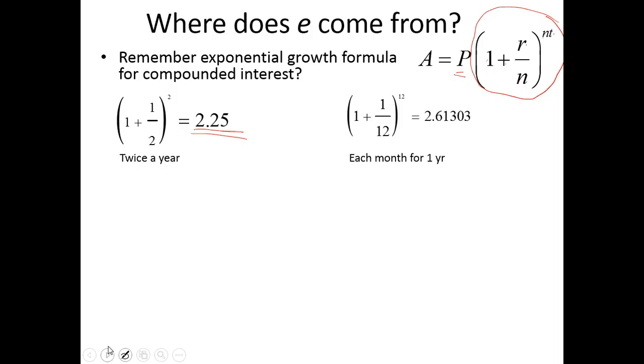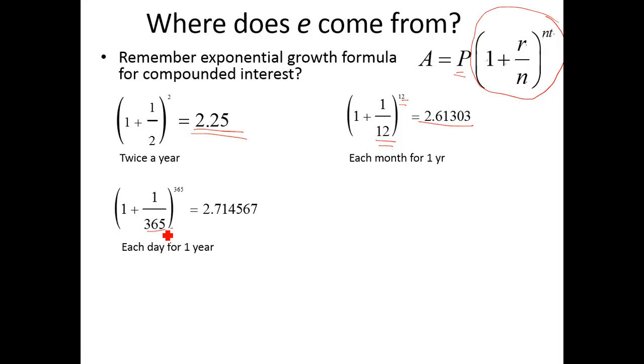Now, if I did that every month instead of twice a year, I do that 12 times a year, that comes out to 2.61. And as I do it for every day, if I compound or pay interest daily to my clients, I'd get 2.714.